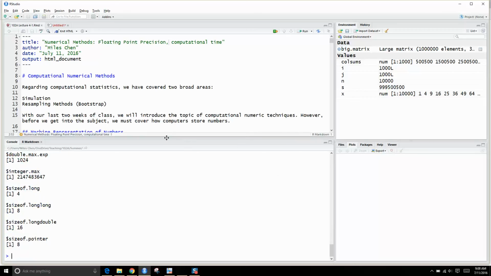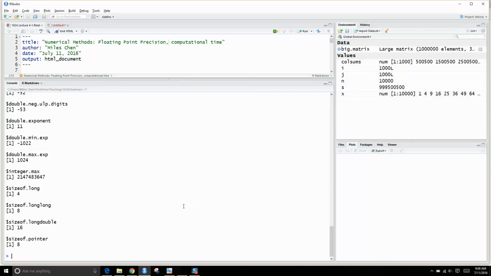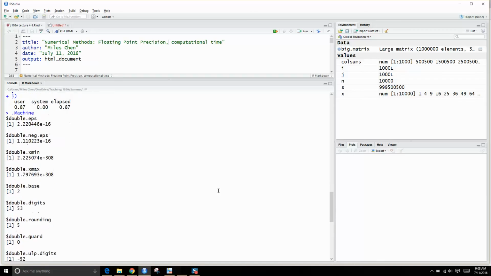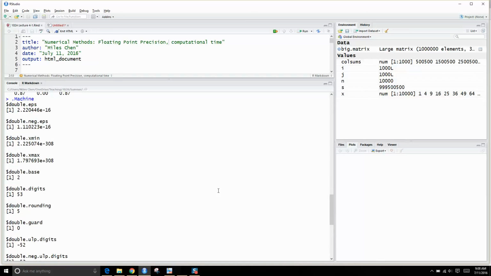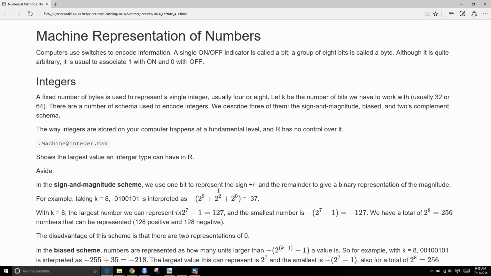This is information that depends on your computer system. If you have a PC or a Mac, you might get slightly different things here. I think most of our machines are Intel-based, so a lot of it will work similarly.